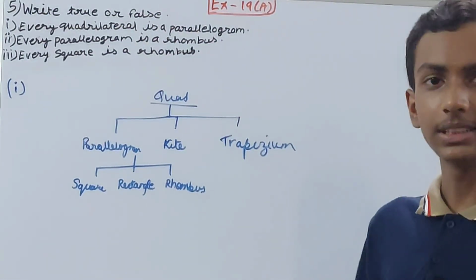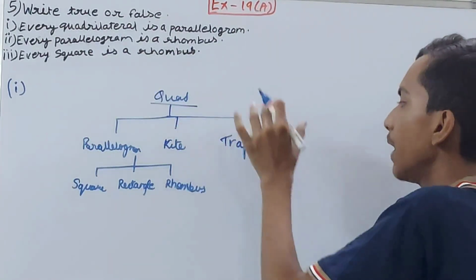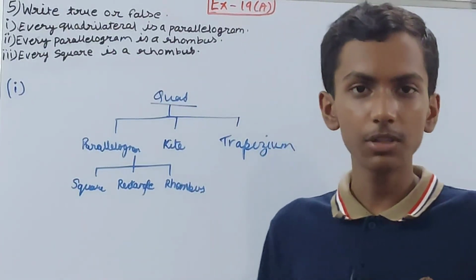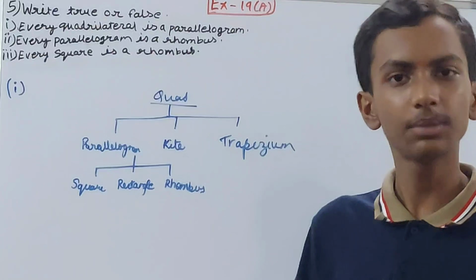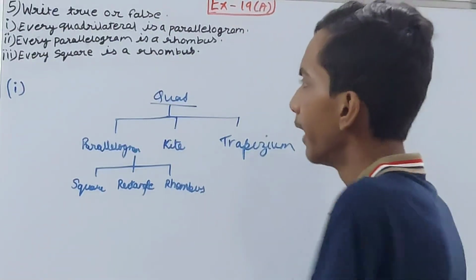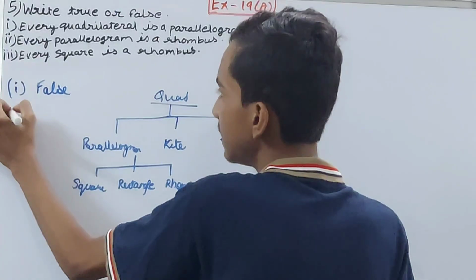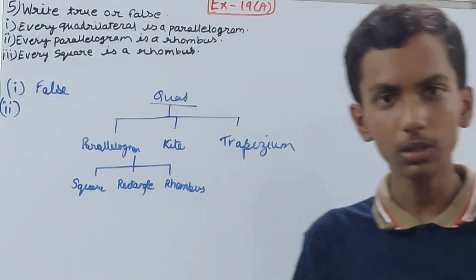There is a chance that not all the time a parallelogram will come out. Sometimes you might get a kite, sometimes a trapezium, sometimes an isosceles trapezium, sometimes an arrowhead. It can vary. So this statement is false. Then see the second one. Every parallelogram is a rhombus or not?